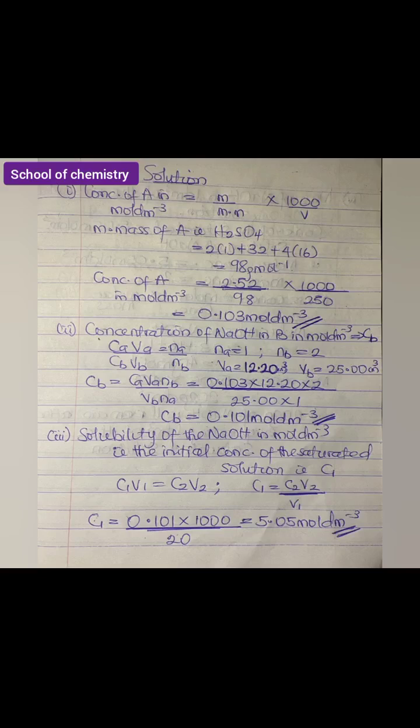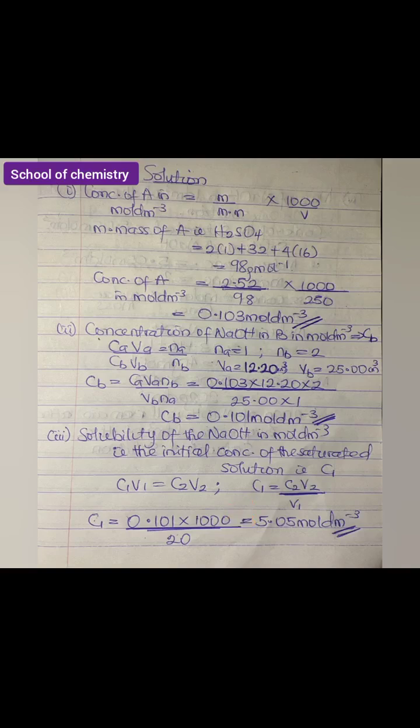Now, how do I find the solubility of NaOH? The solubility of NaOH is the concentration of my initial saturated solution. That's when I will use the dilution factor, C1V1 equal to C2V2. C1 is what I'll be looking for, like I've stated earlier. So making C1 the subject, I will get C2V2 over V1.